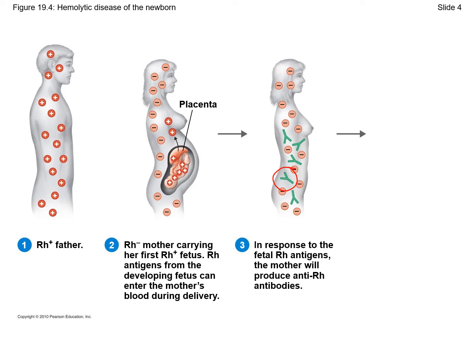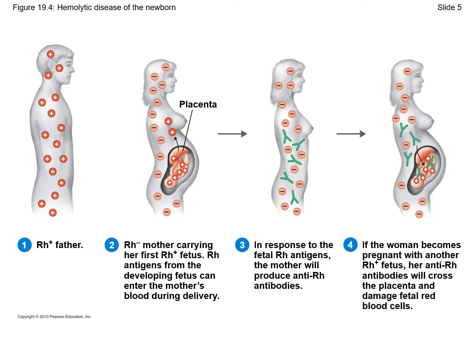So the problem is when she is pregnant with the second Rh positive fetus. Because she has memory for the Rh factor, she has IgG against the Rh factor, and IgG can cross the placenta, cross into tissues, and get into the baby's circulatory system.